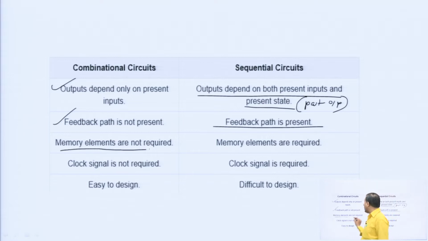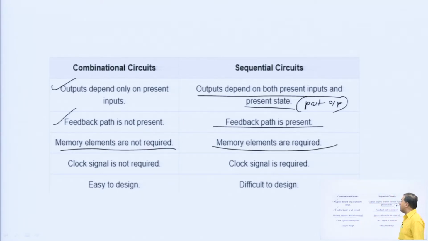Memory elements are not required in a combinational circuit, but a sequential circuit has memory elements. Clock is not required in combinational circuits, but for sequential circuits it is required. Combinational circuits are easy to design and sequential circuits are difficult to design, because we are going to add more things, a clock and feedback. So, the design is a little bit complex.